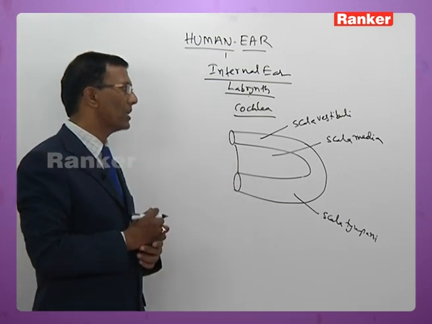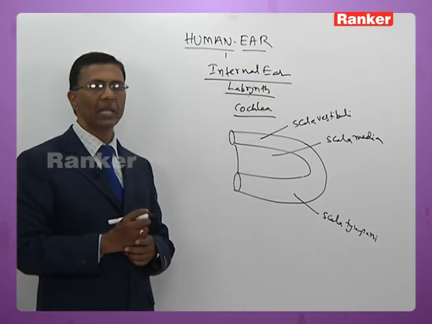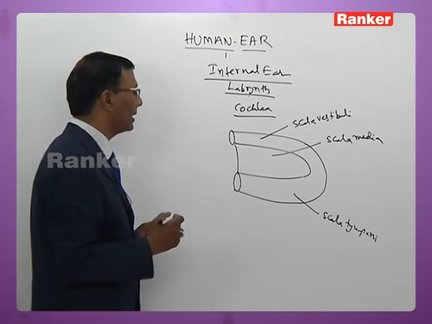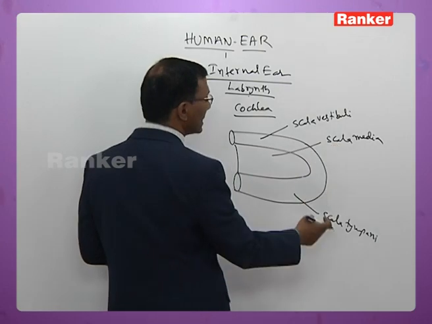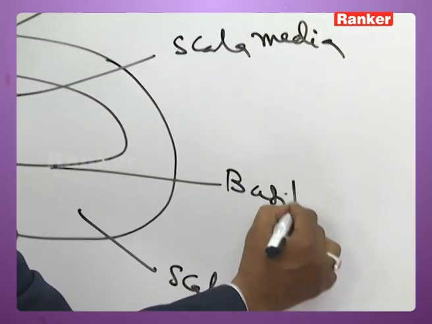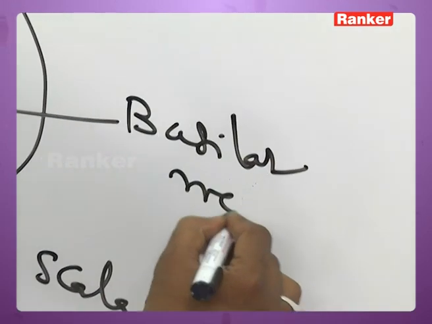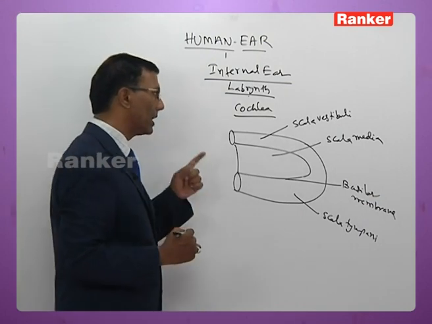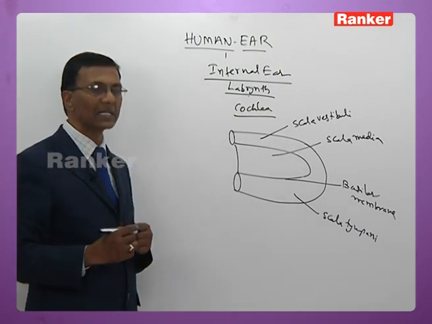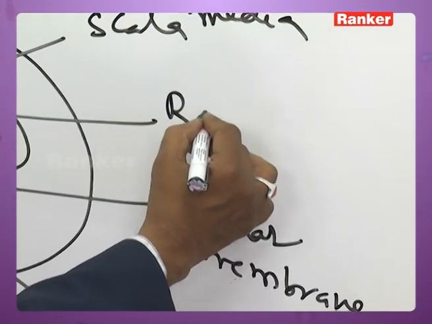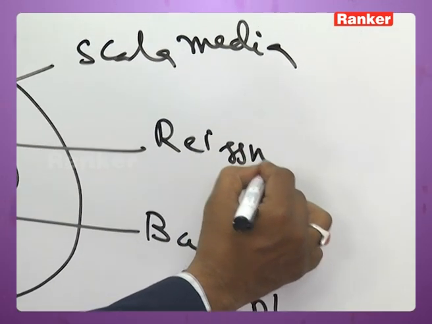The upper chamber is called scala vestibuli, the middle chamber is called scala media, the inner one is called scala tympani. Now the scala media and scala tympani are separated from each other by basilar membrane. Scala vestibuli and scala media are separated from each other by Reissner's membrane.